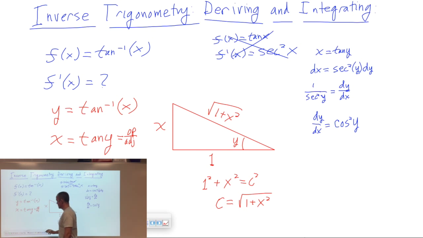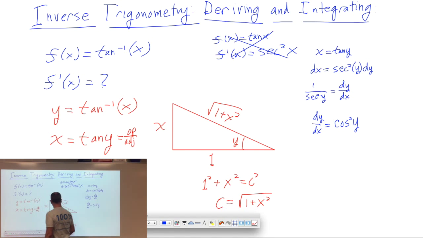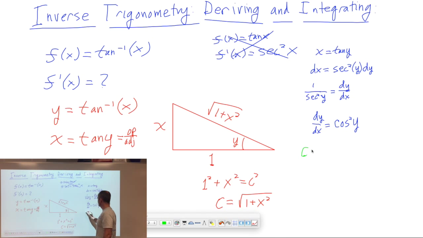All right, going back to our triangle here. If we look at our original triangle, where y was the angle and tangent was x over 1, well, the cosine of this angle y would be adjacent over hypotenuse.